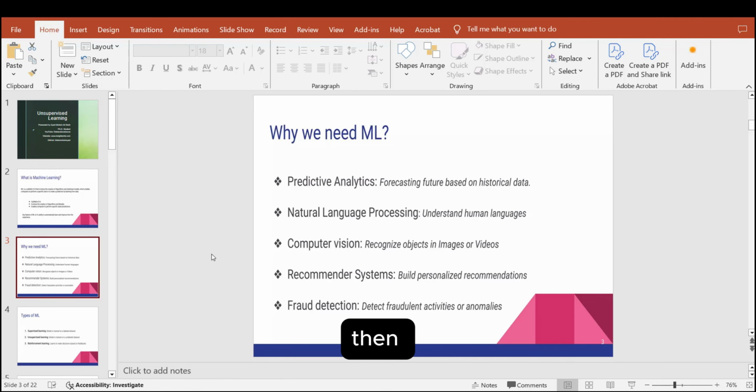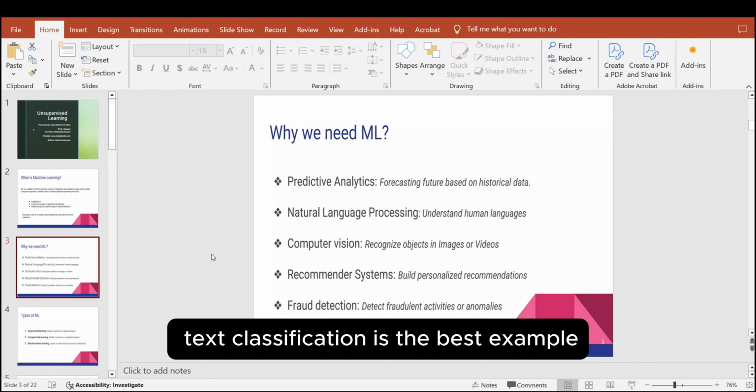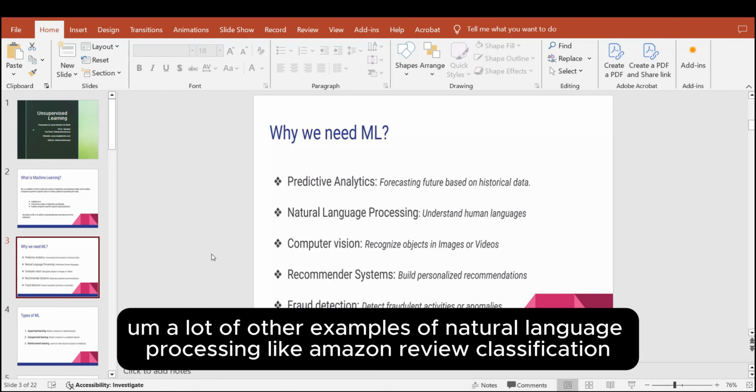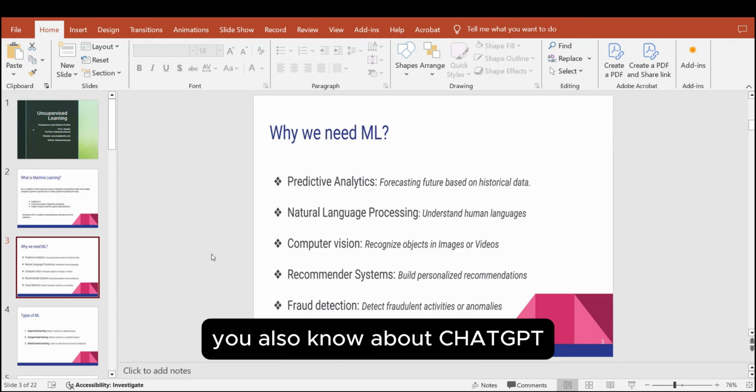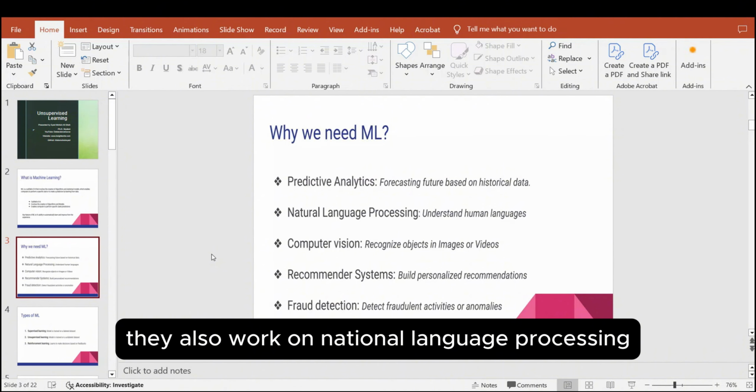Then comes natural language processing. It understands text classification, and a lot of you also know about ChatGPT and LLMs. They also work on natural language processing.